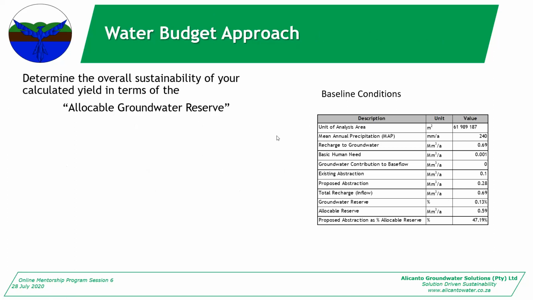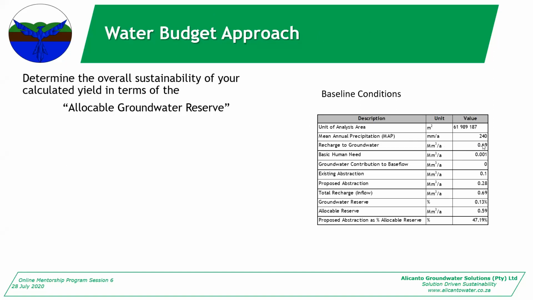So then you determine the overall sustainability of your calculated yield in terms of the allocable groundwater reserve. So I've got my area in meters squared of my unit of analysis, my mean annual precipitation. And I use those two to calculate my volume of recharge per annum. We use mega cubic meters per annum, so that's million cubes per annum.